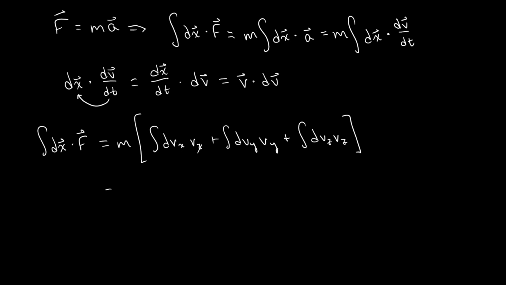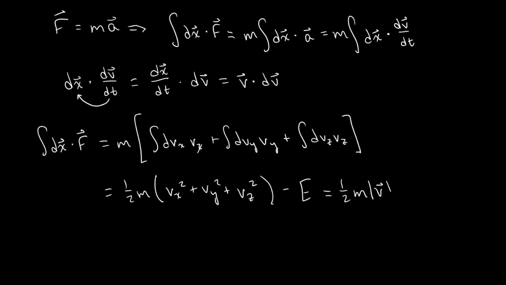Again, these are fairly straightforward integrals to do, and I get 1/2 m times vx squared plus vy squared plus vz squared, minus some constant, which I'll call E. But again, this vx squared plus vy squared plus vz squared is just the magnitude of the velocity vector squared. So I can write this as 1/2 m magnitude v squared minus E.